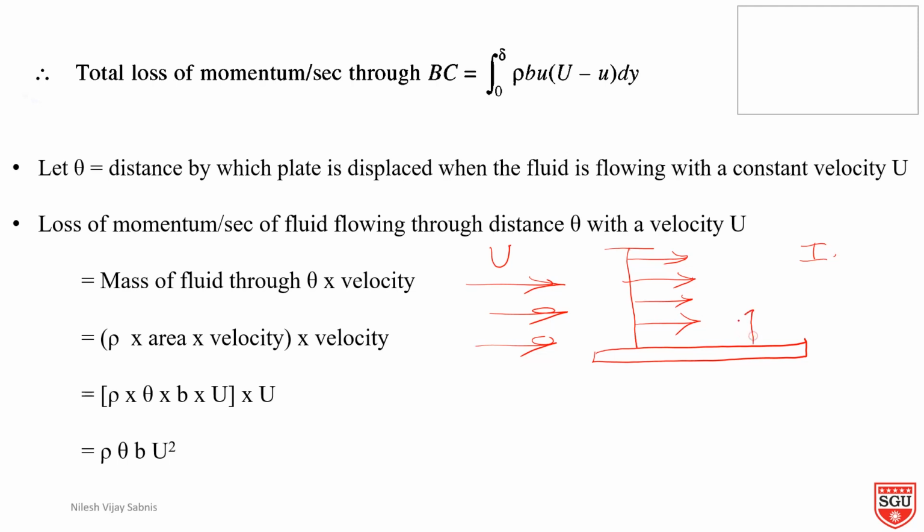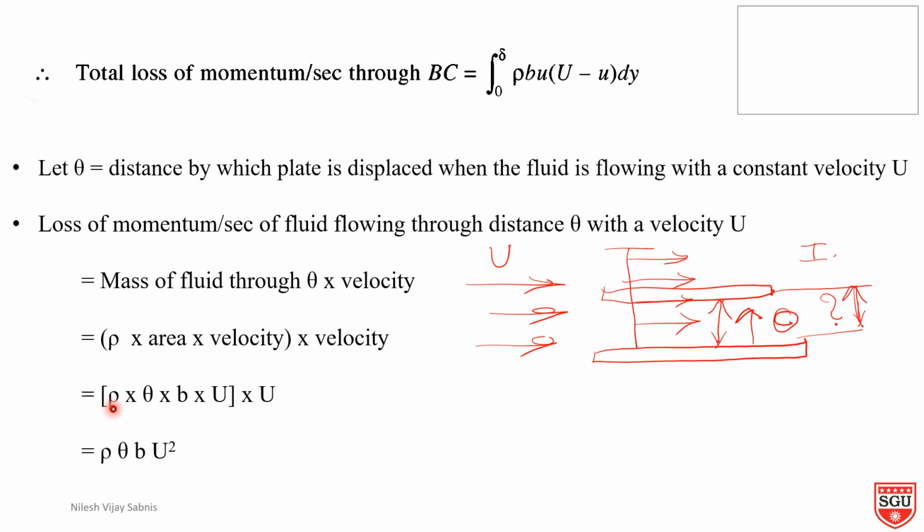For that, we have to shift this plate by a distance theta, and we have to calculate the loss of momentum when we lift the plate to distance theta. Means we have to find out what momentum is present through this section. So how are we calculating the momentum? Rho is the density, area into velocity multiplied by velocity.